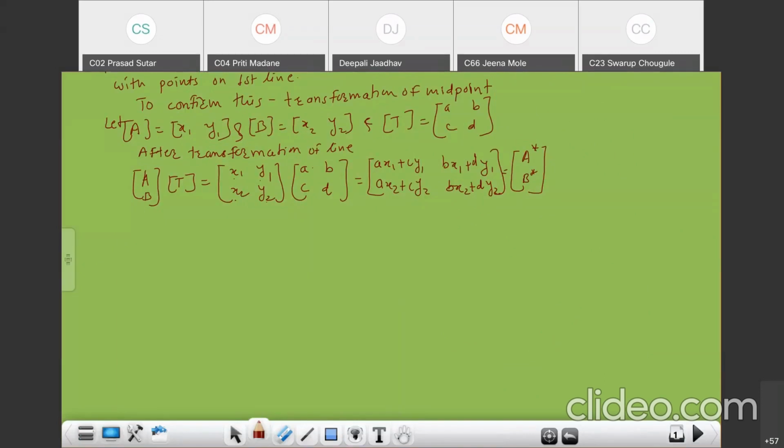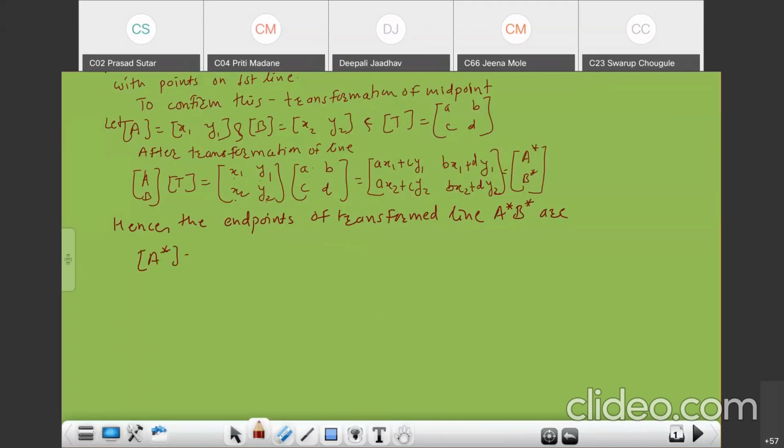Now, hence the endpoints of transformed line A star B star are, this is the new line, correct? AB we transform into A star B star. So hence the endpoints of the transformed line A star B star are, I write here the endpoints.